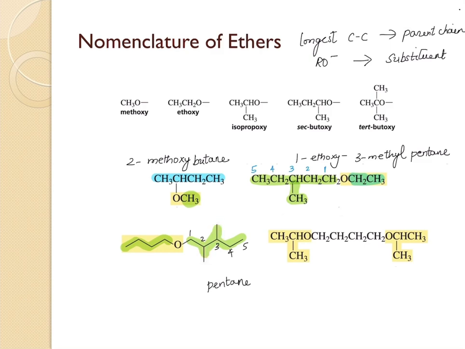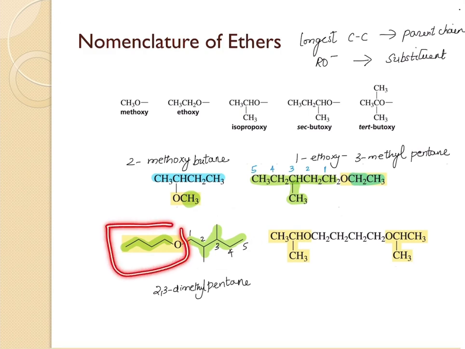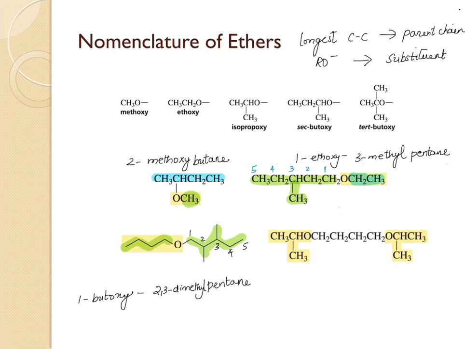So this is going to be 2,3-dimethylpentane. Leaving the 2,3-dimethylpentane, we have a butoxy substituent. Here is a butoxy substituent, and this butoxy substituent is present on position 1 of 2,3-dimethylpentane. So it's going to be 1-butoxy-2,3-dimethylpentane, and do not forget to put the hyphen between the alphabet and the number.